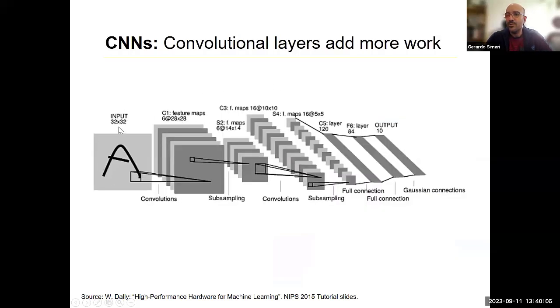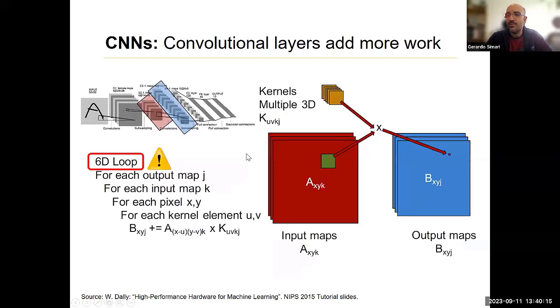So this is a pretty well-known image where you can see essentially what's going on: convolutions, subsampling, then the fully connected layers, similar to what we had before. But here we can see exactly what's going on. This is a 6-dimensional loop. So it's a for loop. This is the first one for the output map, the second one for the input map.